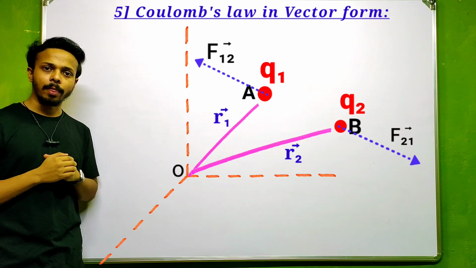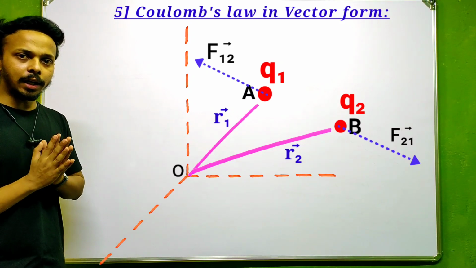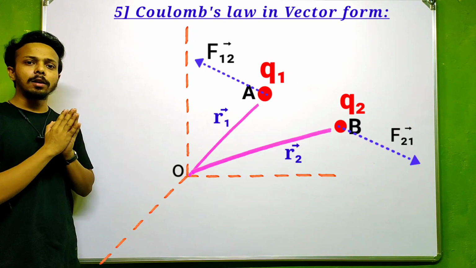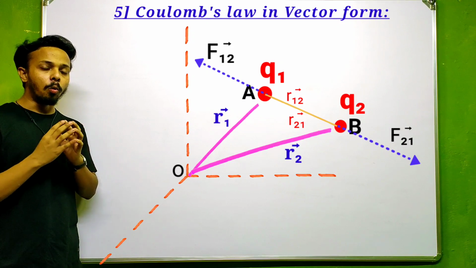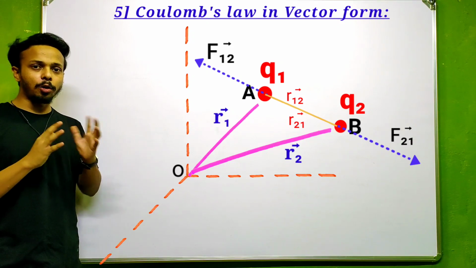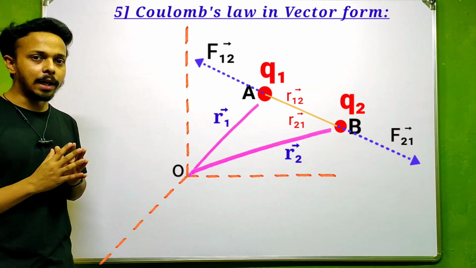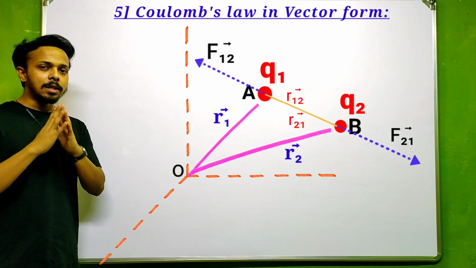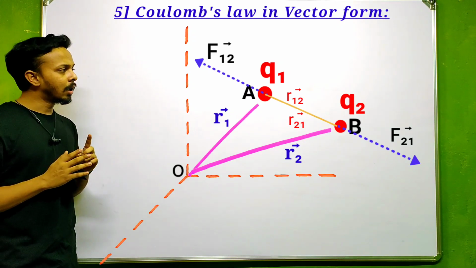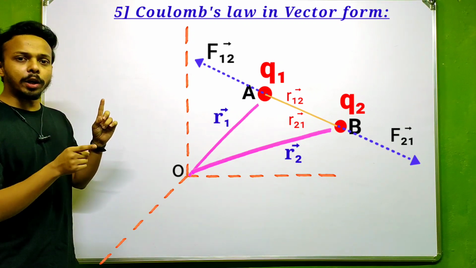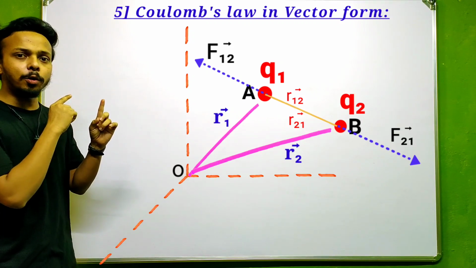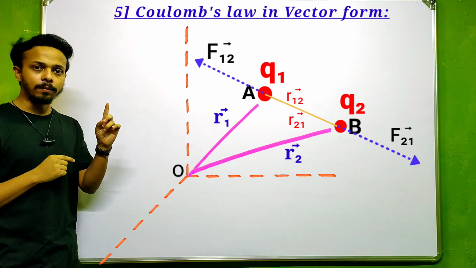It is a repulsion. And let us consider the distance between these two charges as r12 or r21. It depends, guys. Suppose you are calculating the repulsion force on charge q1 due to q2, and that force is F12.